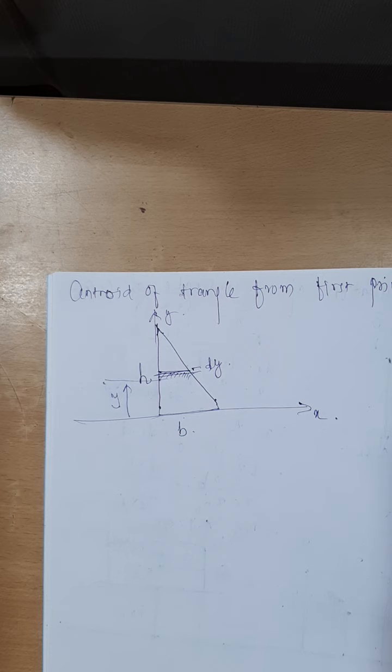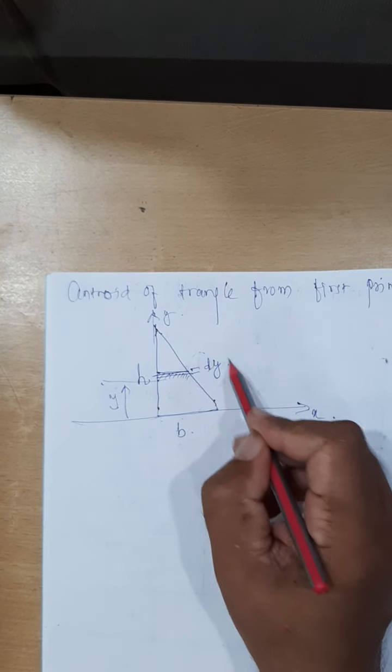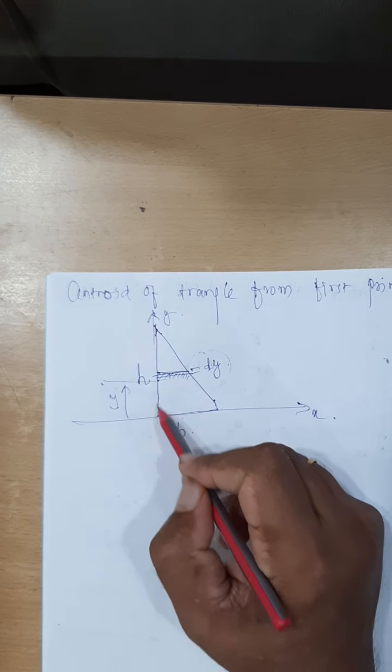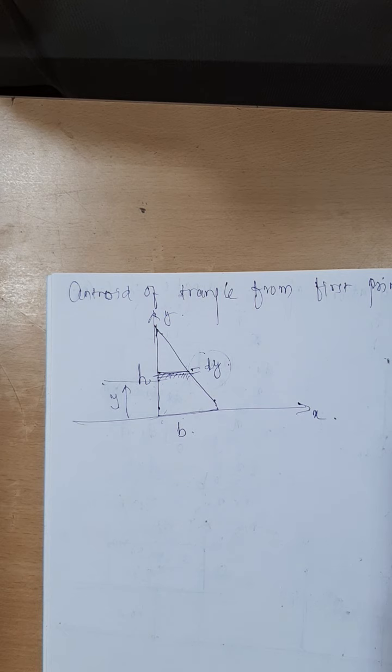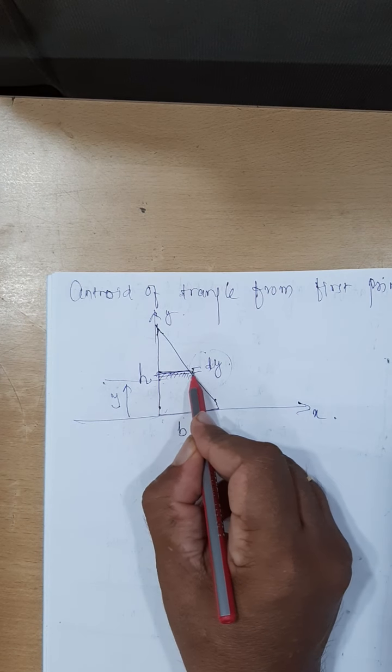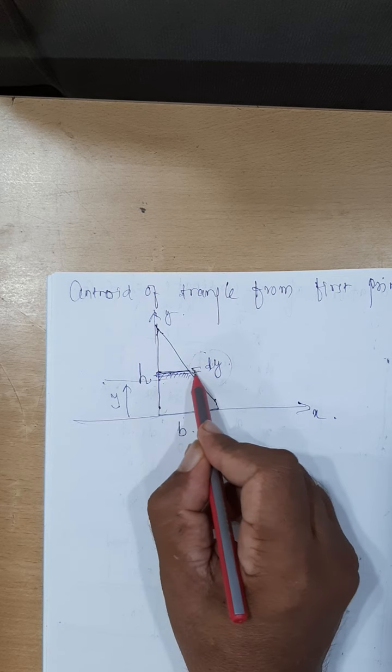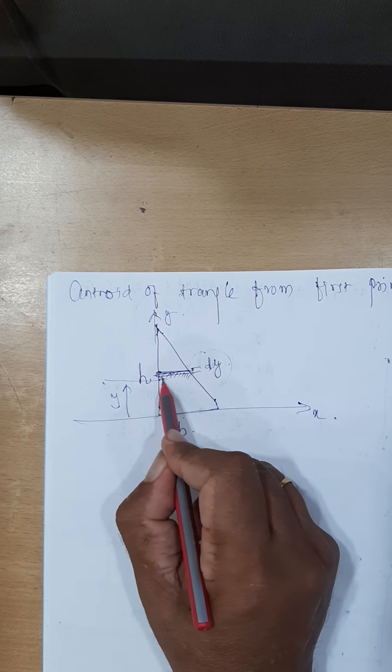What is our basic method to get the center of gravity? First I need to calculate the area, and multiply the area of the small elemental strip by its distance from the x-axis. Now this small elemental strip area, approximately, I can take as dy multiplied by this width.